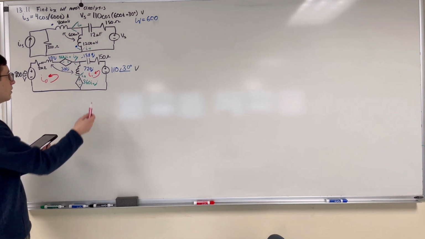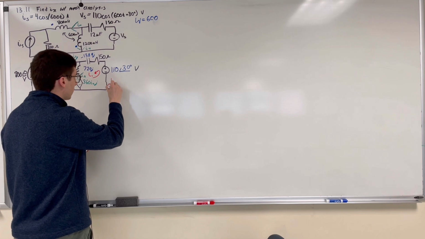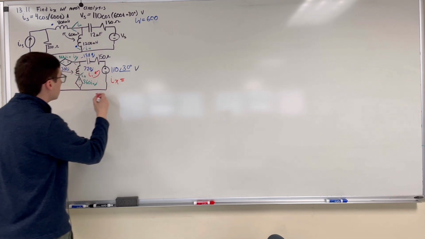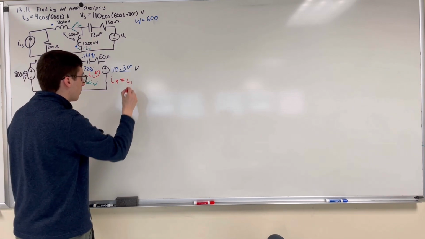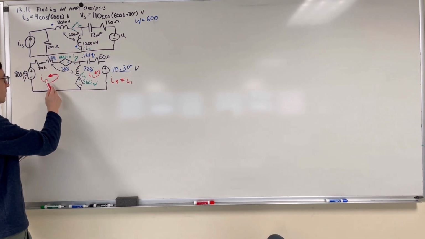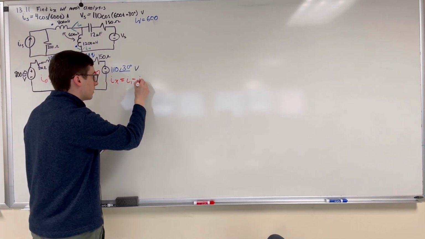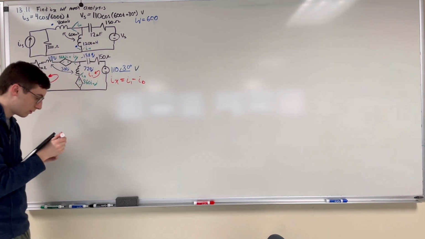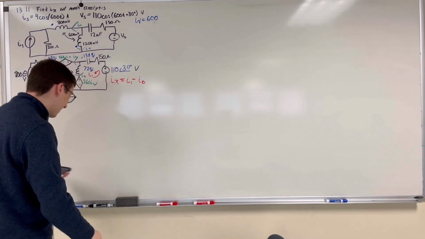Speaking of IX, now that we have these two currents, we can define IX. IX is going to be equal to I1, since I1 goes down, so does IX, so I1 is the positive part. And since IO is going to go against IX, it's going to be minus IO. Perfect. And now we are finally ready for the KVL loops.